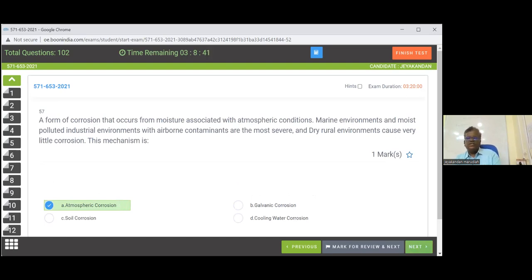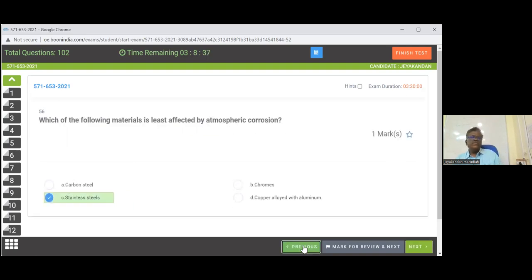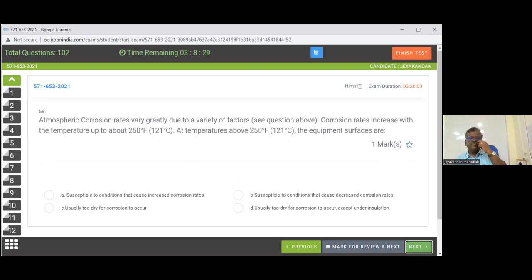That is the definition of atmospheric corrosion. Stainless steel will be least affected. Okay, next.